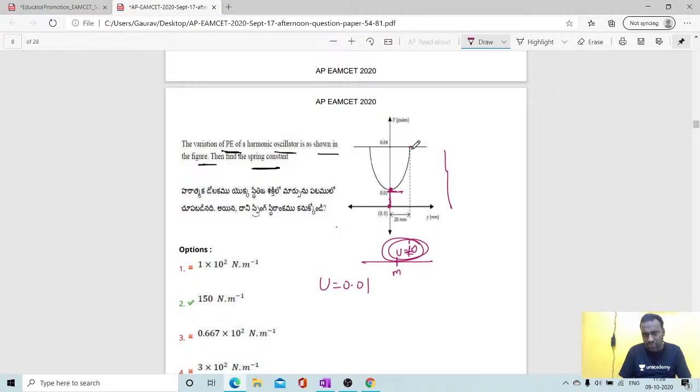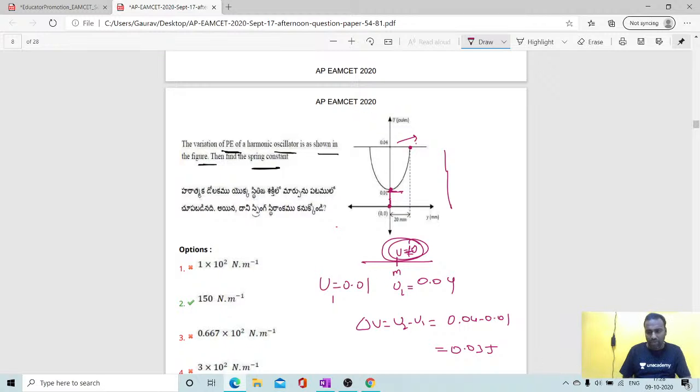Then at the extreme position potential energy, students, 0.04 is there. So what will be the change in potential energy if I ask you U2 minus U1? So then you can mention over here U2 minus U1 is 0.04 minus 0.01. We'll get over here 0.03 joules, we can say, students.